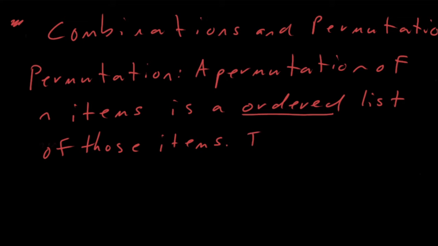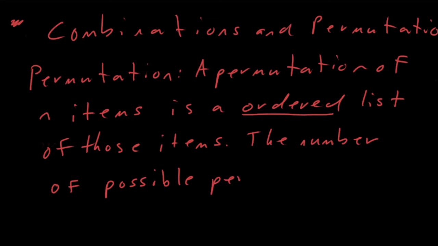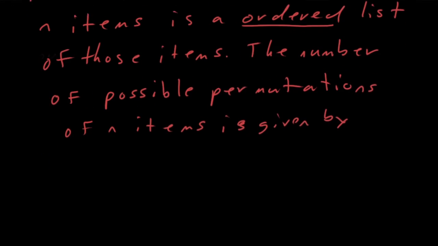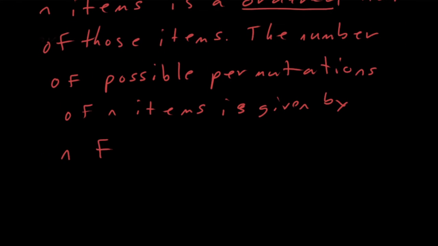The number of possible permutations of n items is given by this very special thing, n factorial.